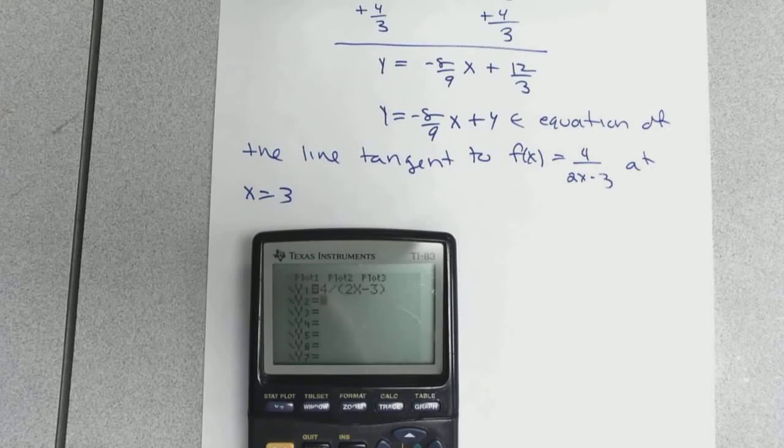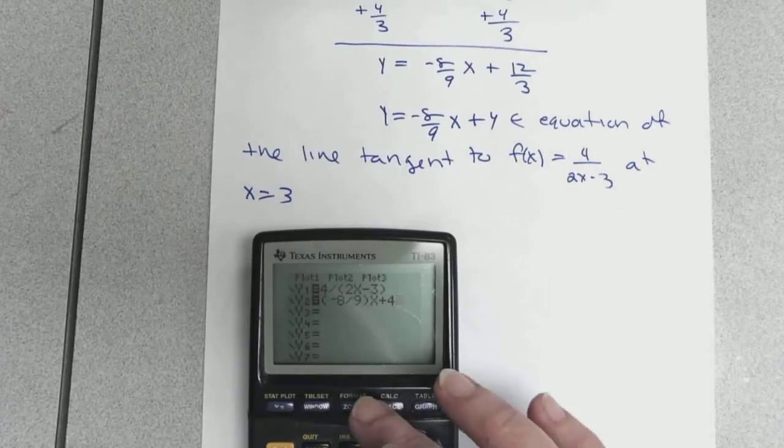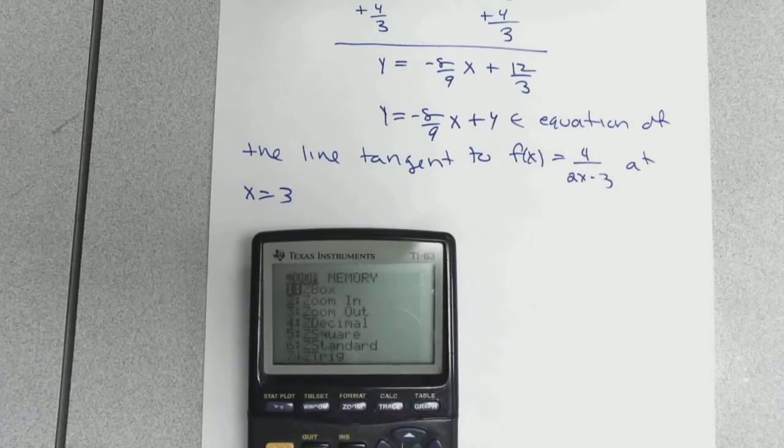And then my tangent line, I got y equals negative 8/9 x plus 4. So I've put the original function in there, I've put my tangent line in there, and then rough graph just to begin with, I'm going to hit zoom 6, the standard window, which isn't always going to work, but the way we write textbooks and things like that, things usually work on zoom 6.